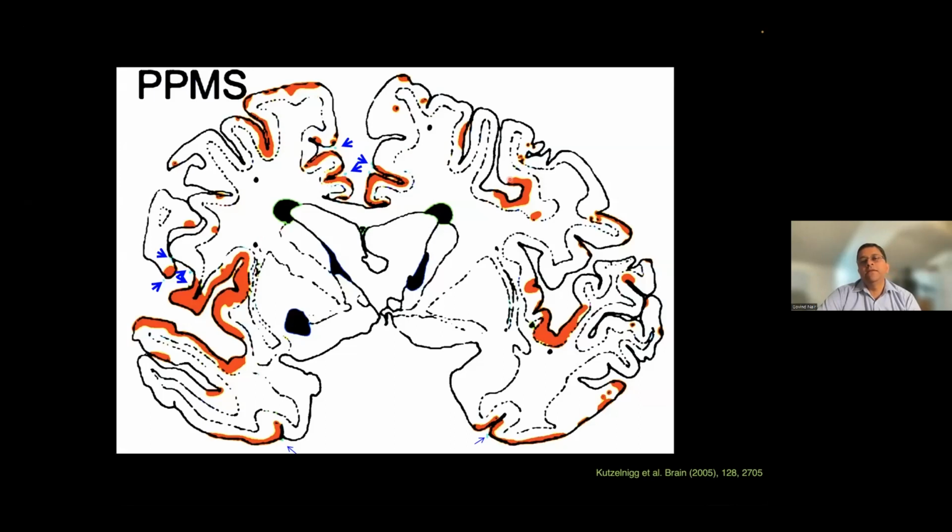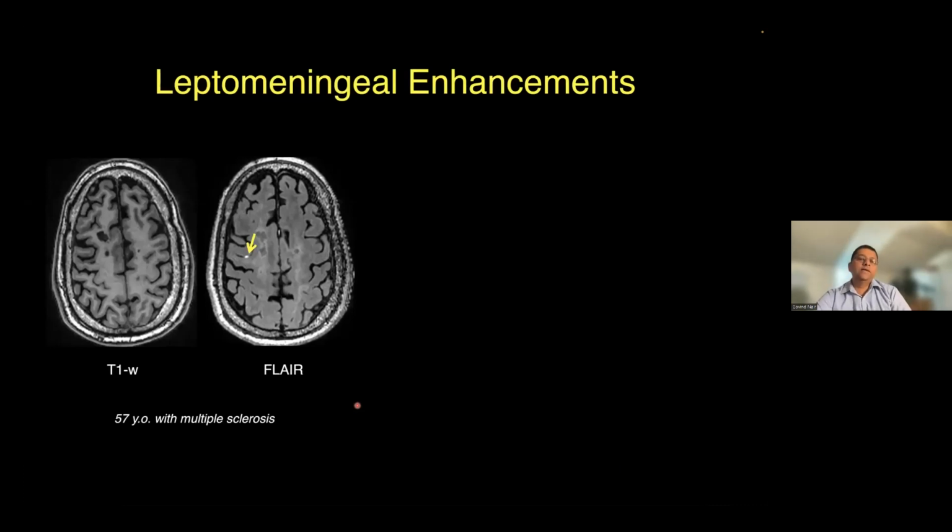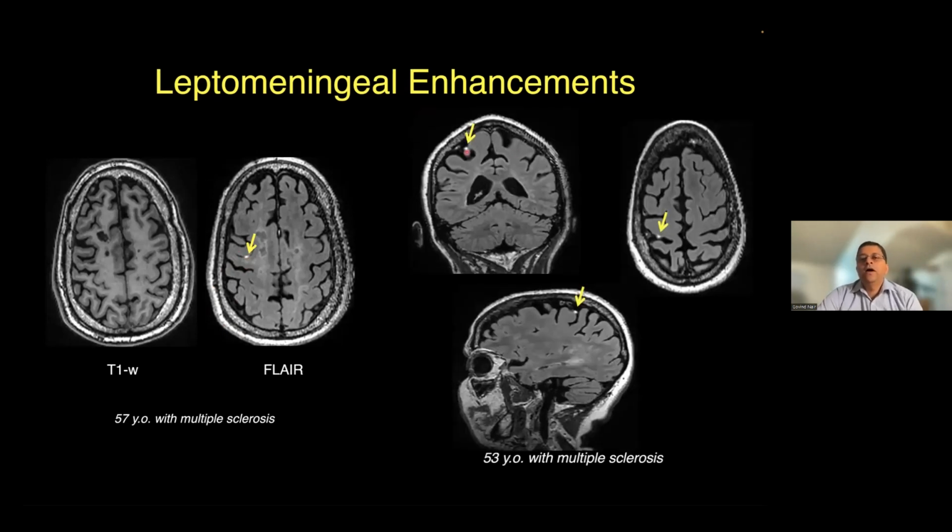So it seems that there is a meningeal inflammation associated with most of these cortical lesions, which was encouraging because Danny and John Butman at NIH have been noticing these bright spots in the meninges after giving contrast agent and doing a FLAIR sequence. So if you do a FLAIR 20 minutes after contrast agent injection, you can see these bright spots, and these bright spots seem to correlate.